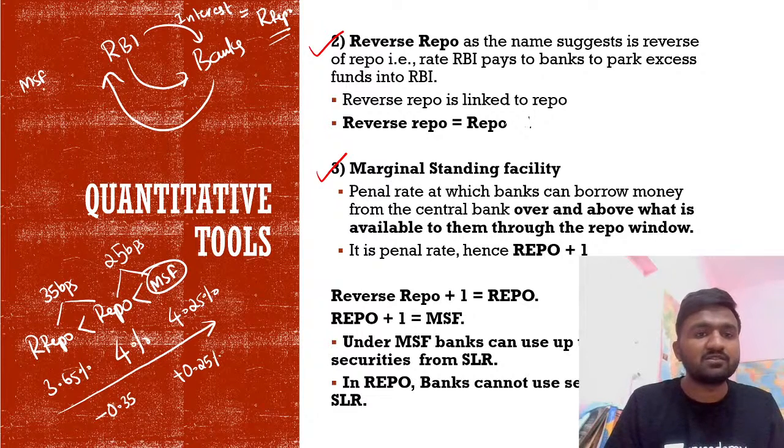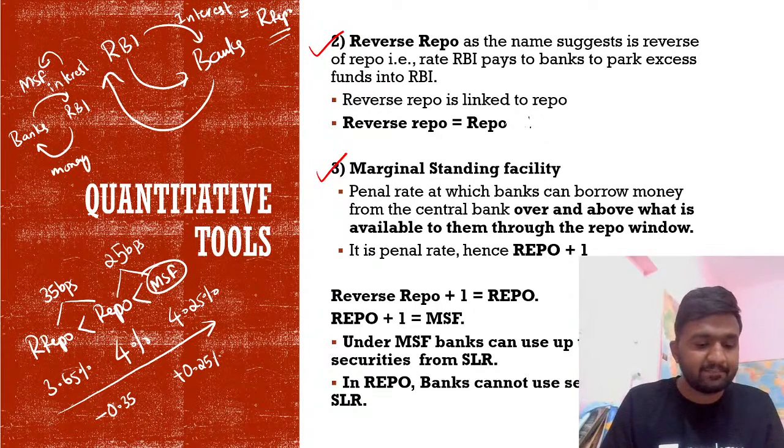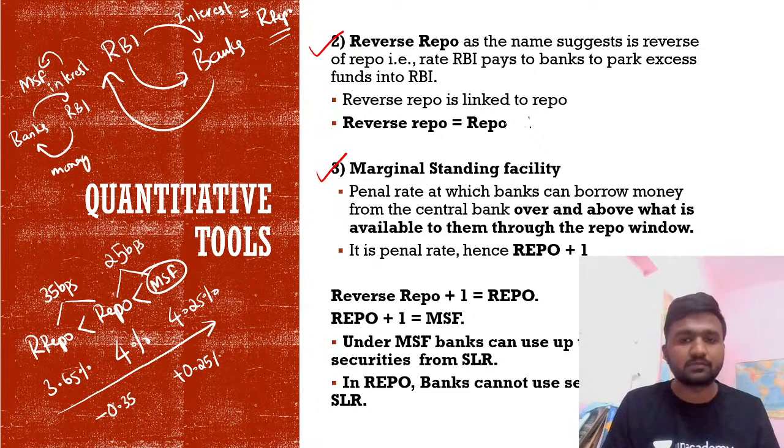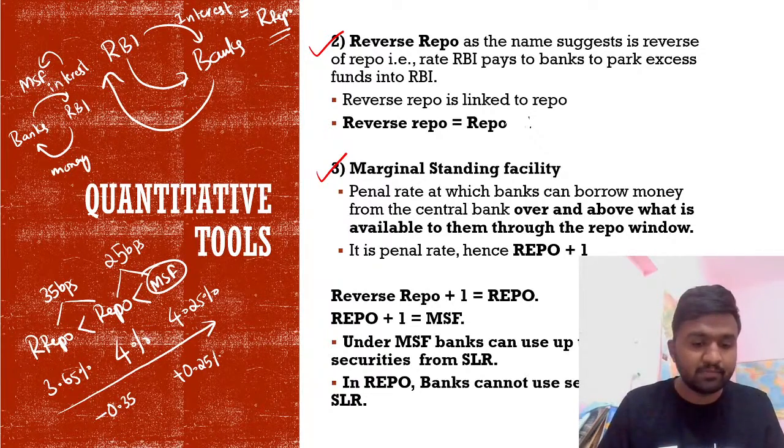MSF is that rate where banks can take money from RBI, and that interest rate they should pay to RBI is called MSF. Do you get it about MSF? Usually MSF will be higher than repo.